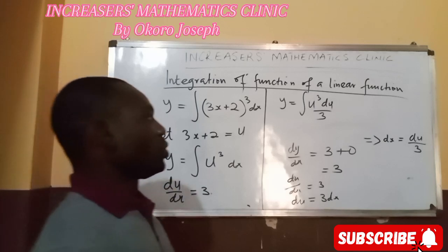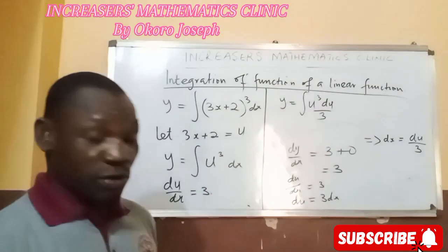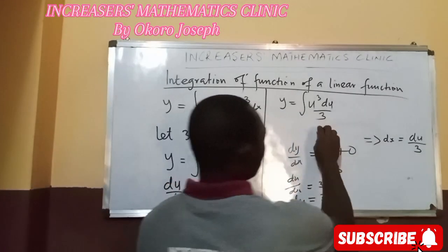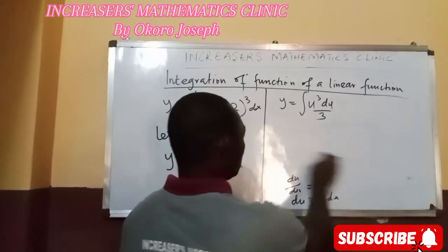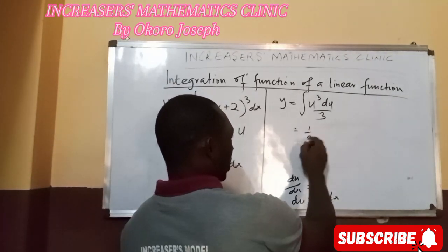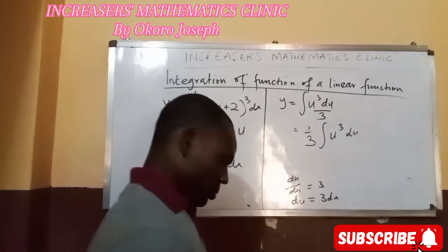And remember that for a function that has a coefficient, you have to factor out the coefficient of that particular function. So for this, I'm going to have 1 over 3, the integral of u raised to power 3.